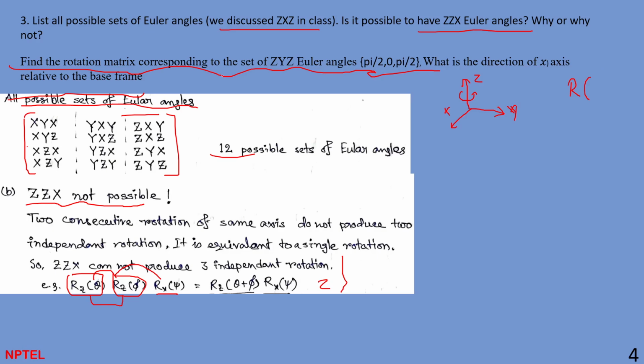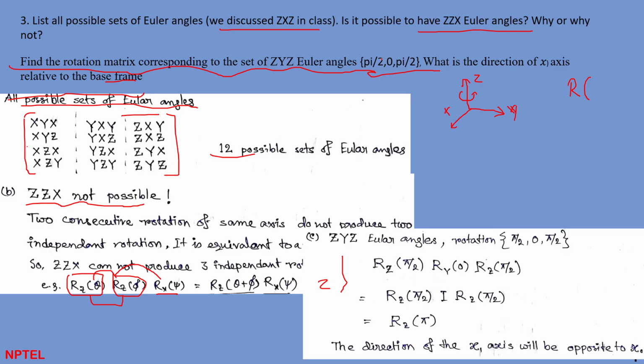What is the direction of x related to the base frame? First we need to use this Euler angle, which is pi by 2, 0, pi by 2. This is pi by 2, this is the 0 rotation, and this is again pi by 2.